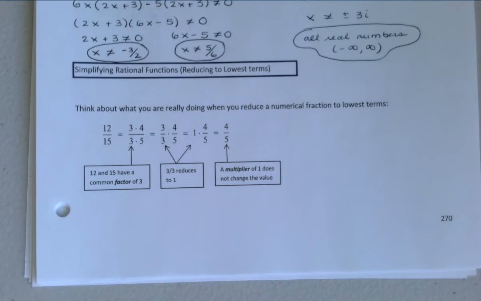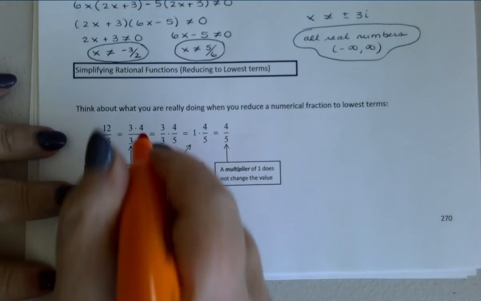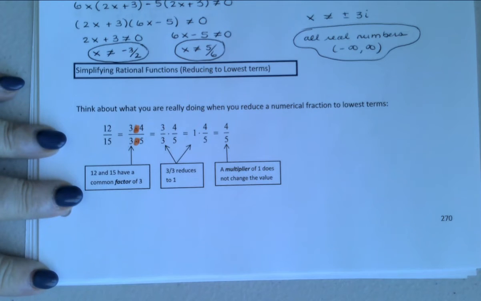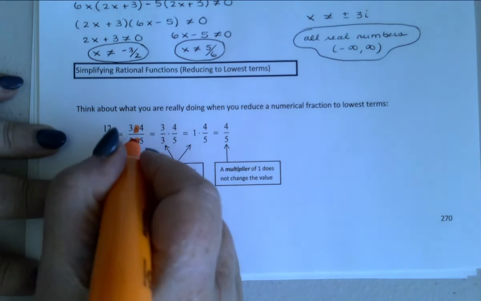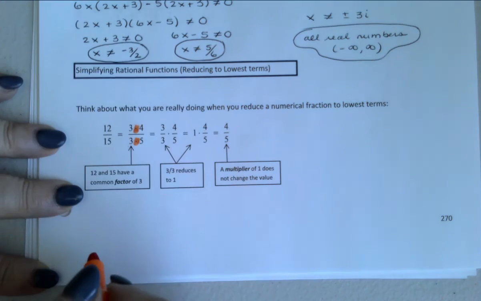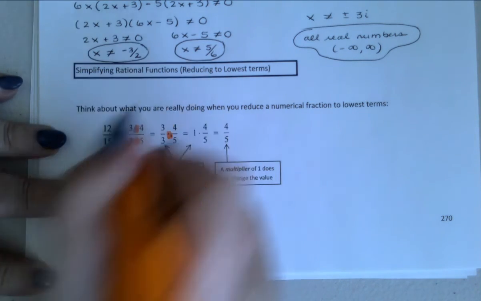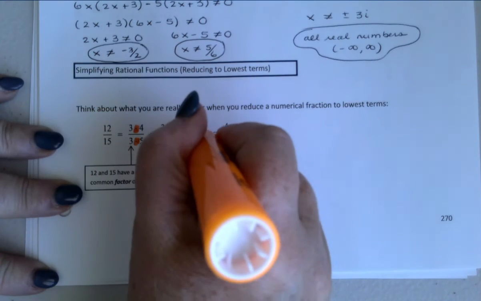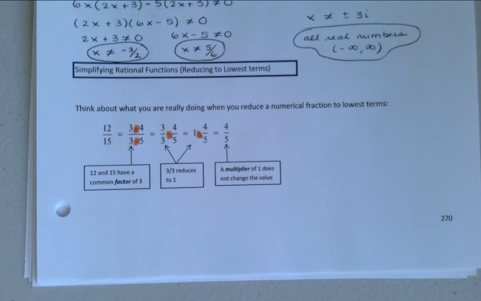Now what I really want you to notice here, and this is super, super important, is that the only reason this worked was because there was multiplication here, right? This was 3 times 4 and 3 times 5. So I could separate it into 3/3 multiplied by 4/5 and 1 multiplied by 4/5, which then gave me the 4/5.